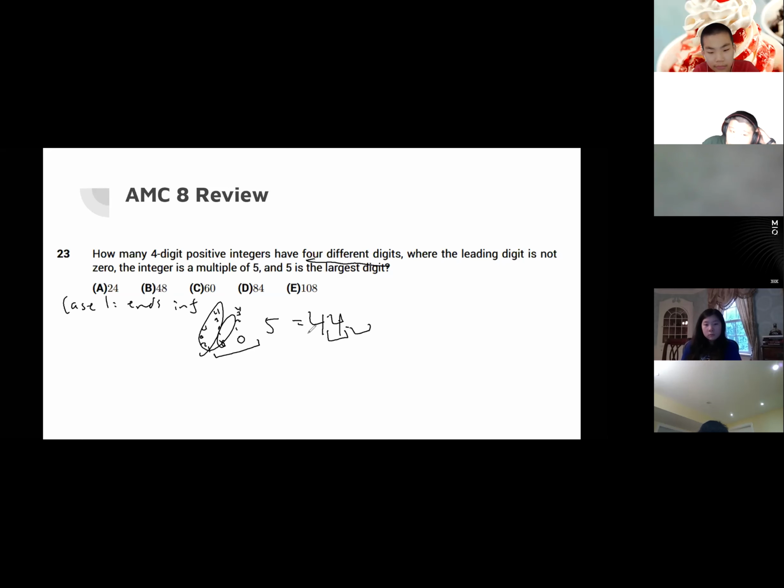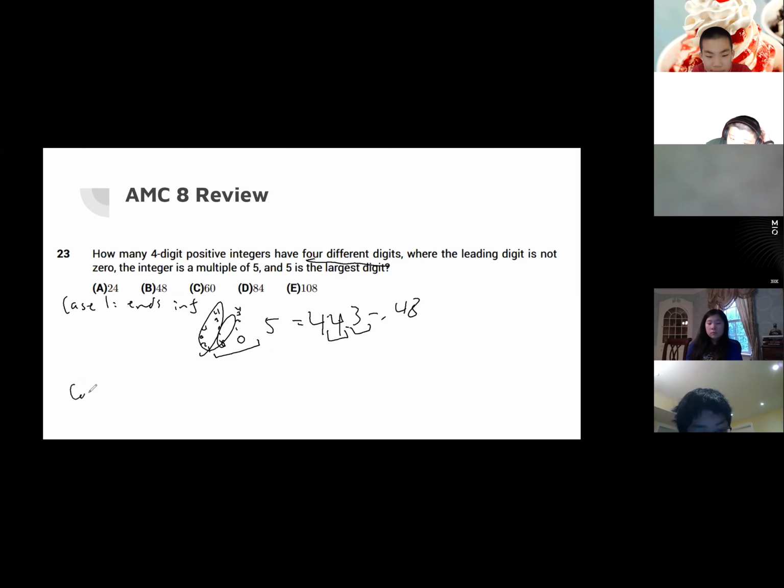And for the third one, you can have anything that's not the first two digits. It can still be a 0, and of course it still can't be 5. But that gives you a total of 48 for this case.